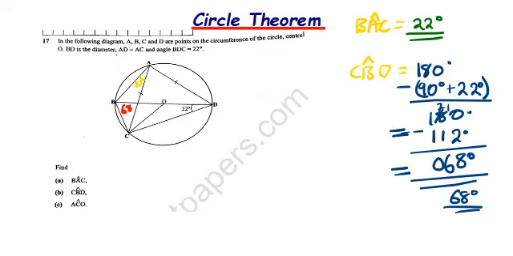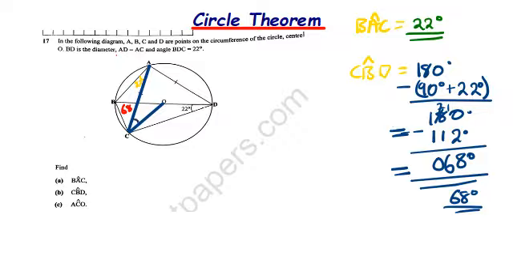By the way, our ACO, let me just highlight it as well. Our ACO, A, and then C, and then we have O there, which simply means that we are finding this angle which is here.